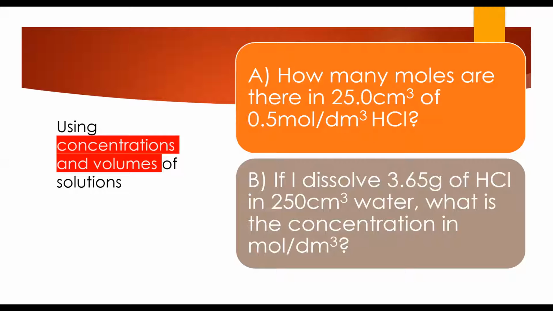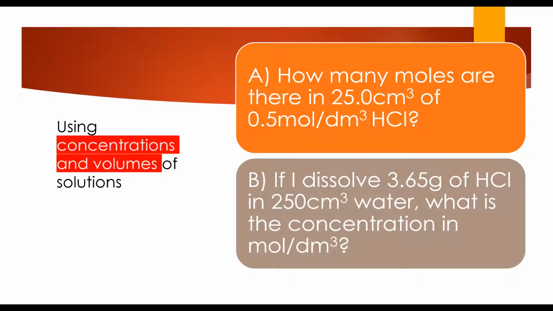Okay. Here are some solution ones. In the first one, it says, how many moles are there in 25.0 cubic centimeters of 0.5 moles per cubic decimeter? So if you can remember the solutions triangle, moles was at the top, and it was moles equals concentration times volume in cubic decimeters, which means dividing the cubic centimeters by 1,000.